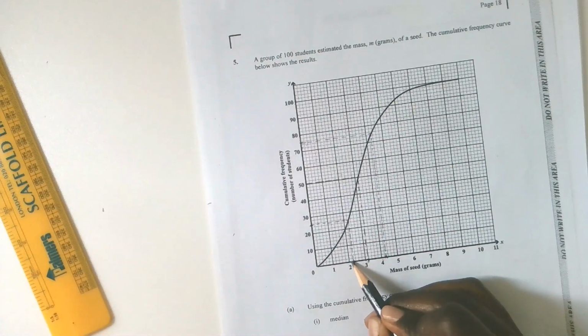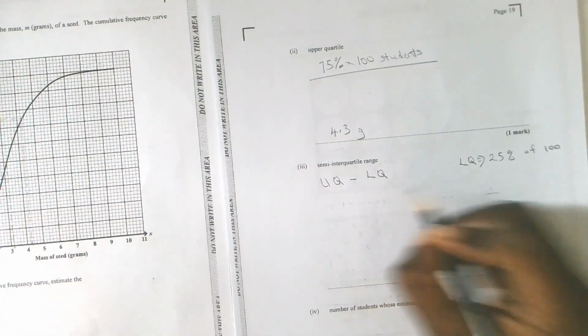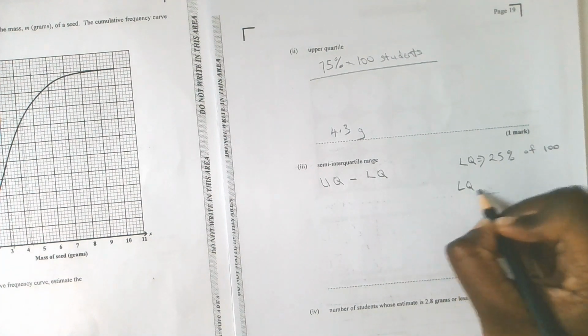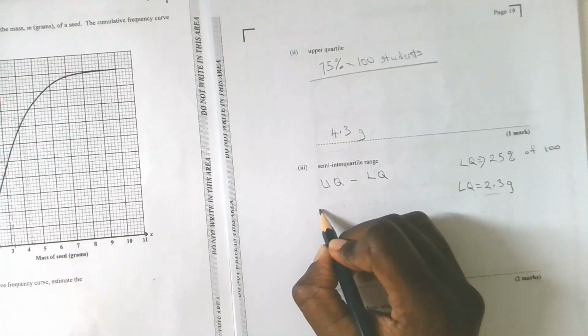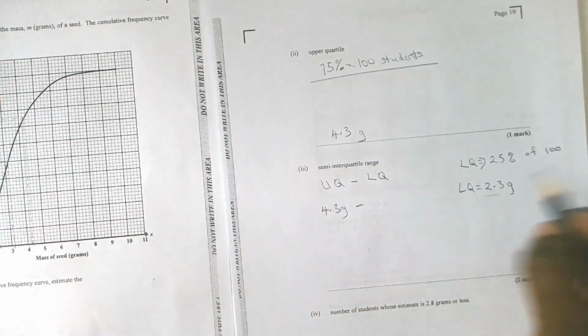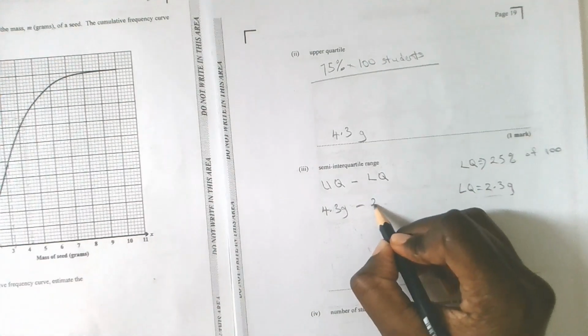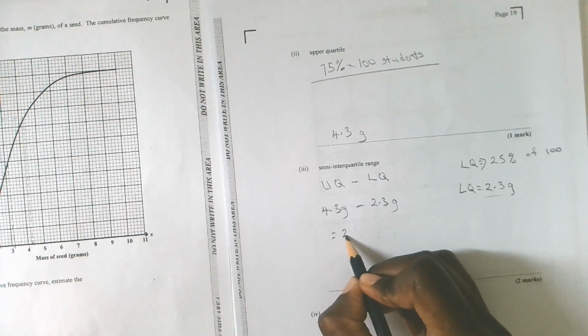So that's 2.2, 2.3 grams. So our lower quartile is 2.3 grams. LQ is equal to 2.3 grams. So we have our upper quartile at 4.3 grams minus our lower quartile at 2.3 grams. Subtracting this, we have our answer as 2 grams.